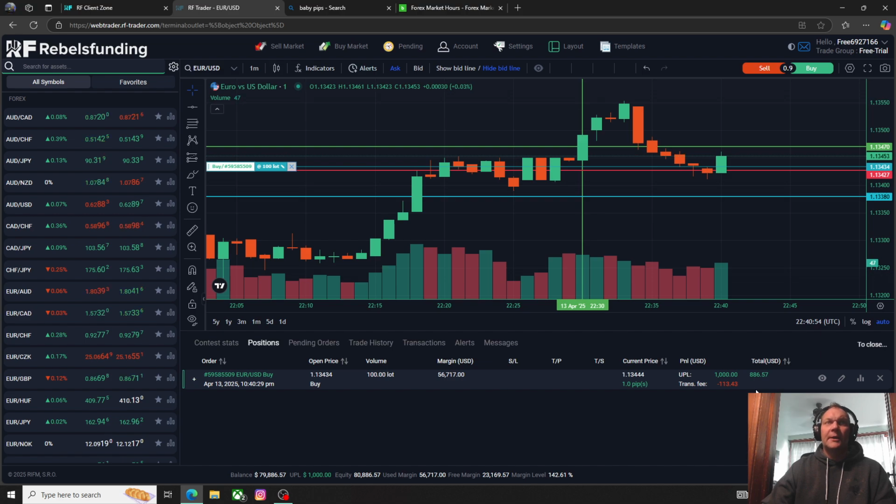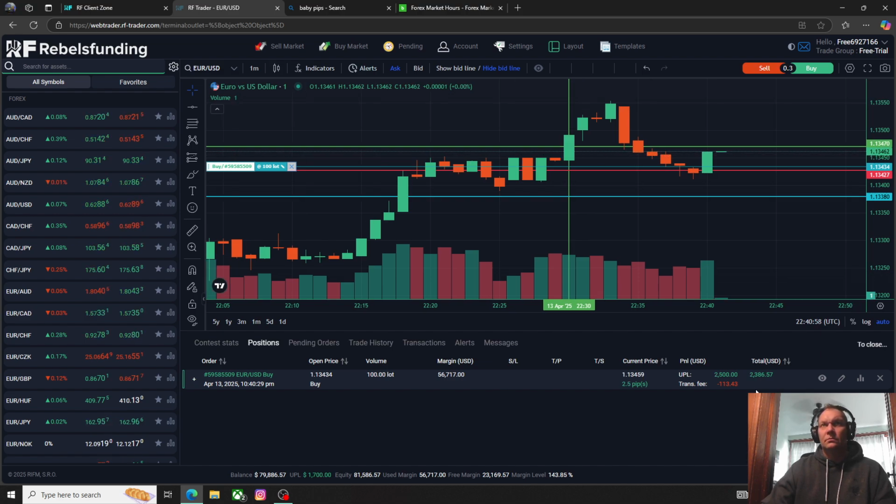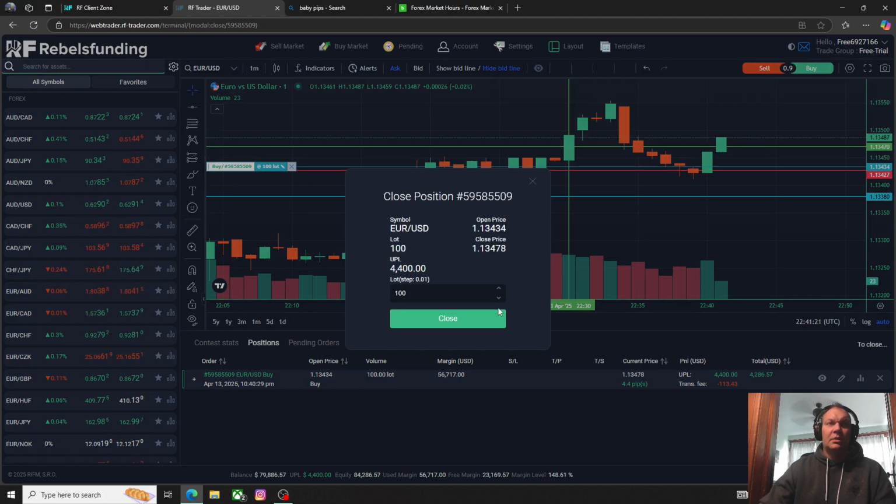It'll fluctuate. And what we can do is, if we don't like how it's going or we want to get out, then we can just click the X and get out. I'm looking for it to make a little bit more of a push, and then I'm going to go ahead and close it right there.